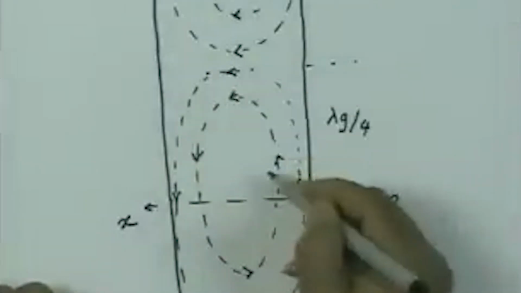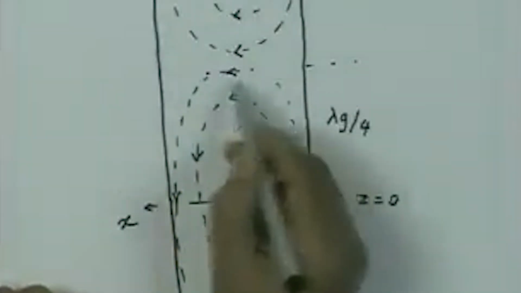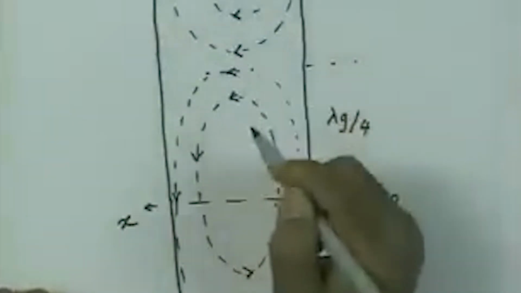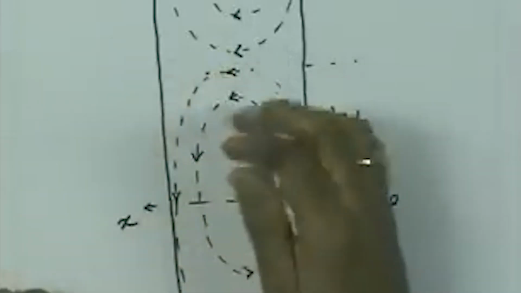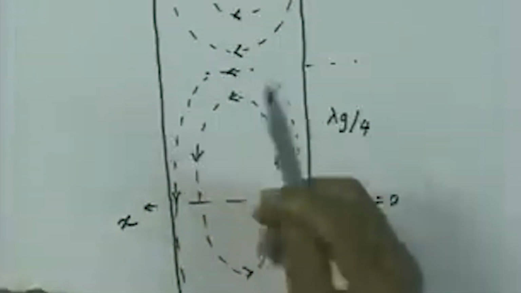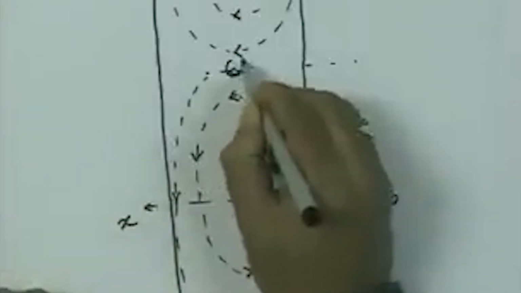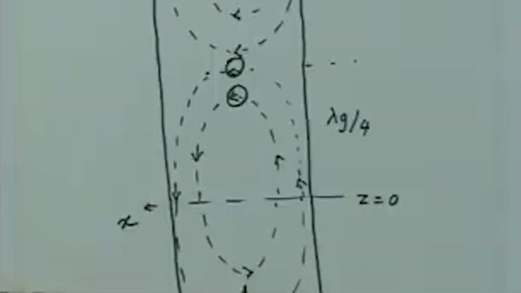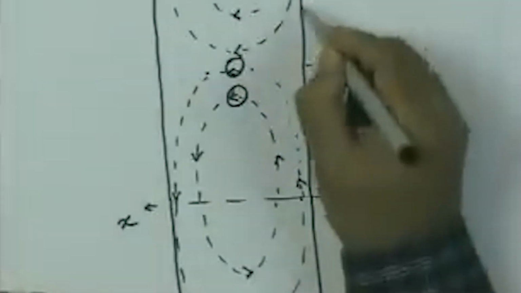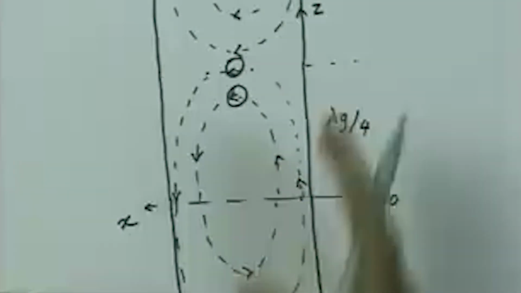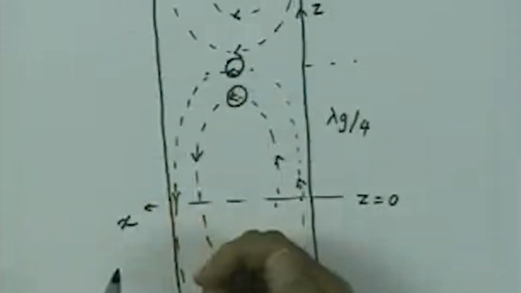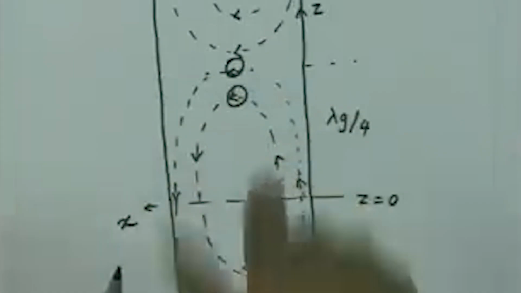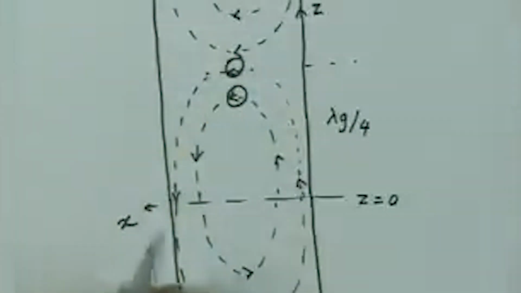So, if I look at the Hx component, here is the Hx component which is maximum. So, the electric field also will be maximum at this location, but electric field is always oriented in y direction. So, I have the electric field which will be like that, and if this is the positive direction for z in which the wave is propagating, again you can have E cross H. So, if this is the direction of the magnetic field, the electric field should be going inwards. So, E cross H gives me the Poynting vector.